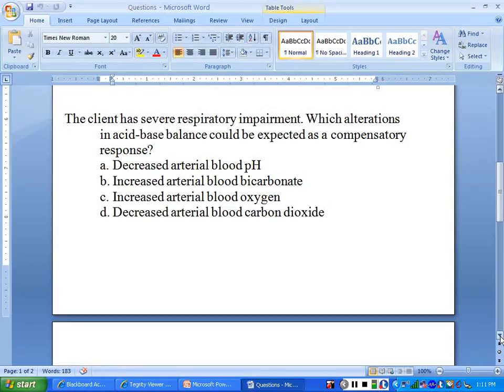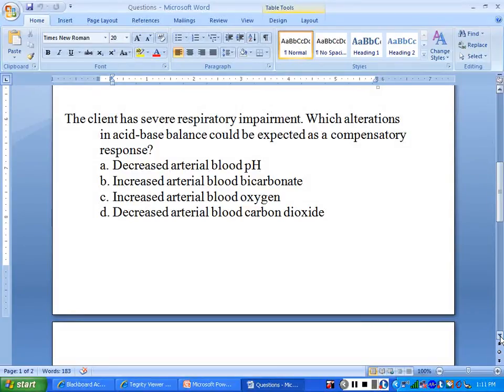Okay, so we got a couple of answers out there. How many think it's A, decreased arterial blood pH? What about B, increased arterial blood bicarbonate? C, increased arterial blood oxygen? D, decreased arterial blood carbon dioxide?